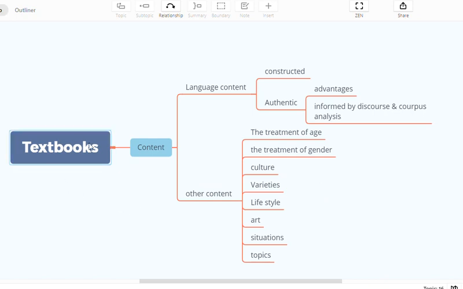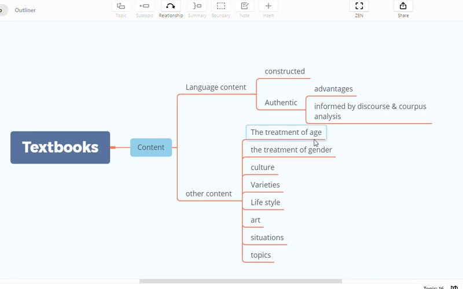It means that the textbooks are not neutral. Despite the fact that they are on language, and they are used for language teaching and learning, they are actually used to convince the readers, the users, to learn particular aspects of human life.